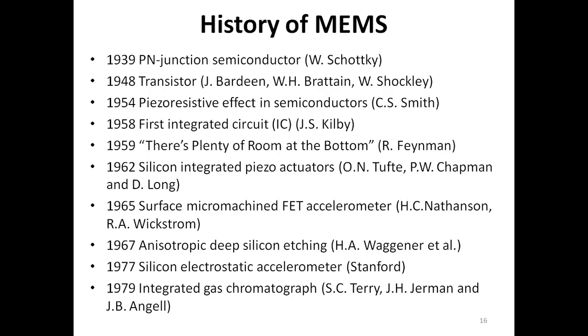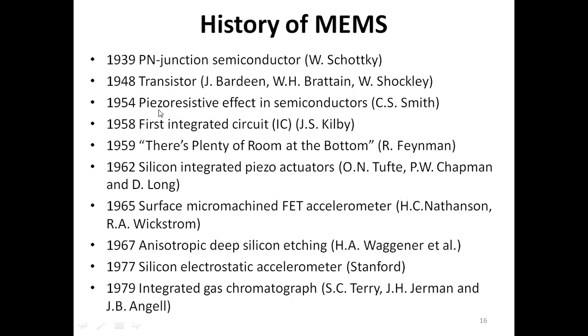They have been integrated, a junction has been made with P-type and N-type, and it was done in 1939. 1948, transistor. Transistor is just an electronic switch. It was developed in 1948 by J. Bardeen, W. H. Brattain, and W. Shockley.